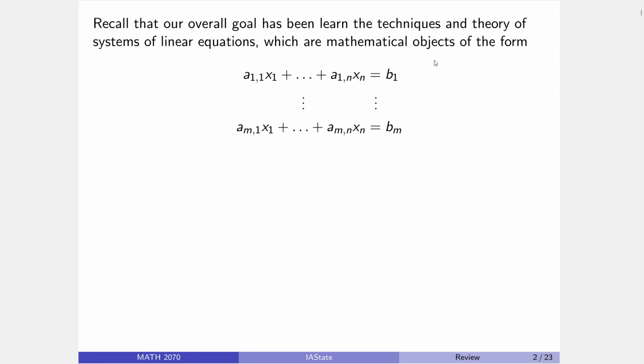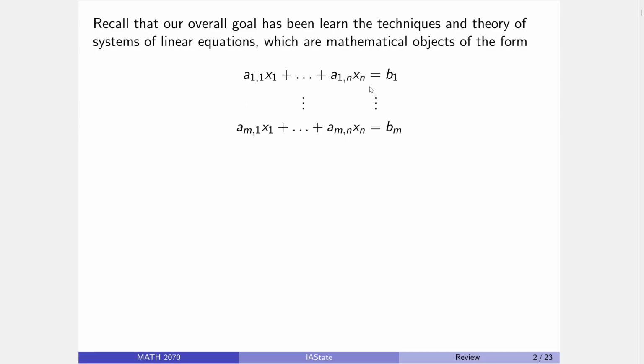Before you got to this class, you've possibly encountered them, depending on your math journey up until this point, but now we're pretty comfortable with things that look like this and how to solve them and the various theoretical aspects buried within these equations. Okay. All right, and again, let's read these equations a little bit more carefully.